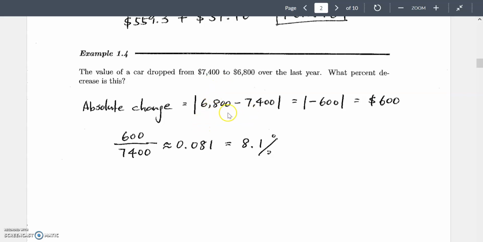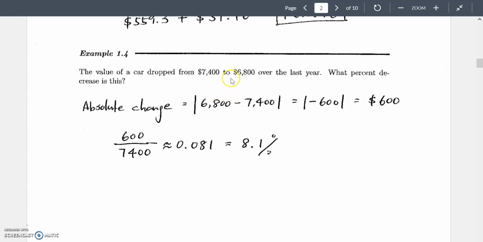If you subtract, you might get a negative number, so we need to change it to a positive number. We only want a positive difference. If you take 7,400 minus 6,800, you get $600. But if you take $6,800 minus 7,400, you get a negative number, so we want the absolute value of it. So it's 600. To figure out the percent change, we want the positive value of the difference.